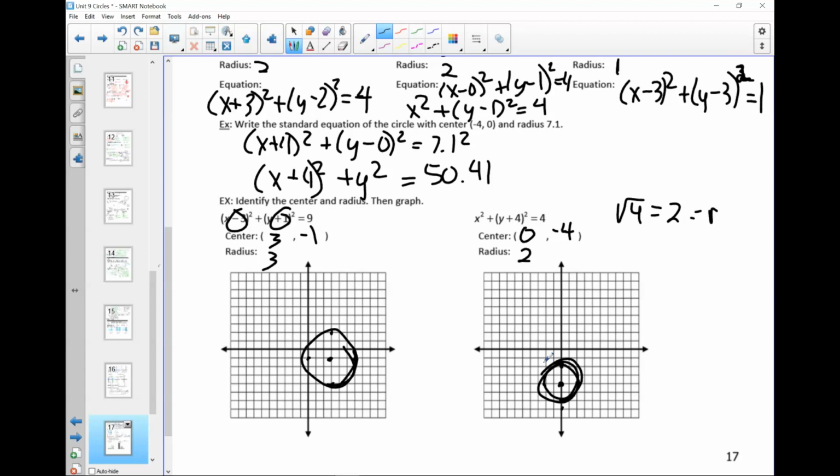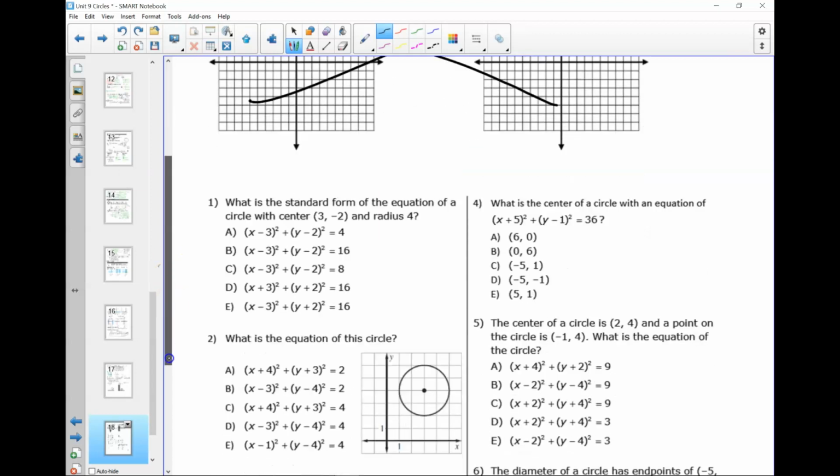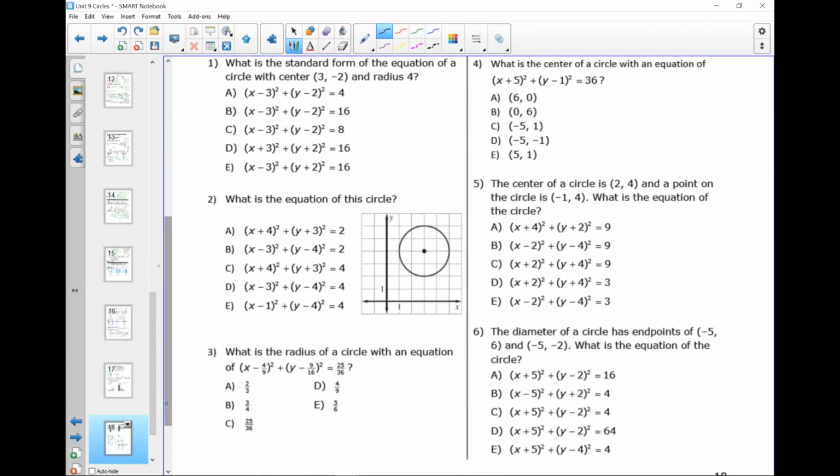Okay, we're not going to go over everything in the last page as much as we can. We're going to skip these 2 problems and do the multiple choice questions, the standardized test questions on the bottom. What is the standard form of the equation of a circle with center 3, negative 2 and the radius of 4? So with the radius of 4, we need to know that it has to equal 16.